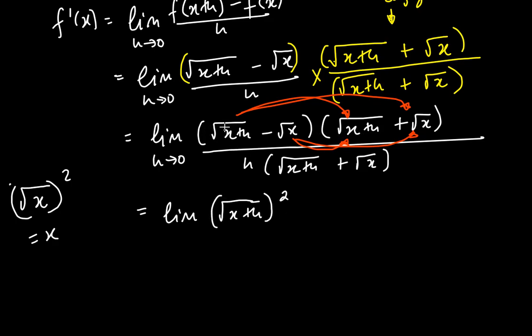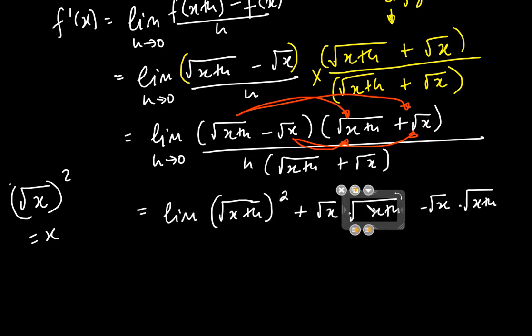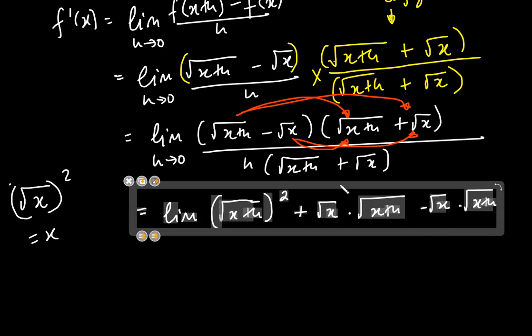Then this times that there will be square root of x times square root of x plus h. Then we have this negative root of x times square root of x plus h. And then, let's just create a bit more space here.